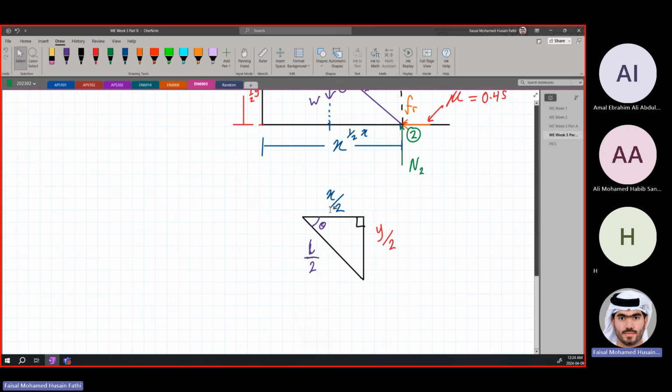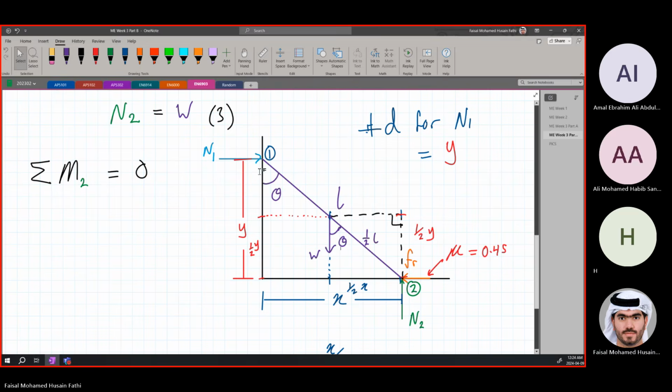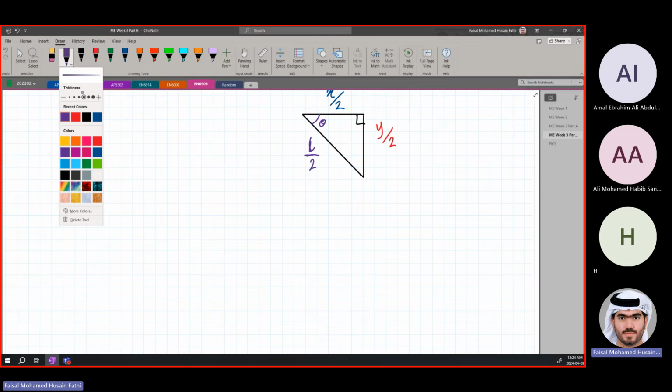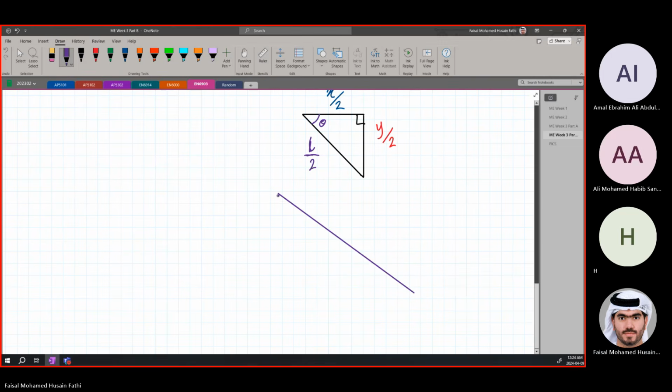Now we can simplify this equation a bit more so that we can find out what our x and what our y is equal to. If we look at the big triangle from the beginning, the very big triangle which is the ladder, actually this is the y, you'll see that it is very similar to the triangle that we have just drawn over here.